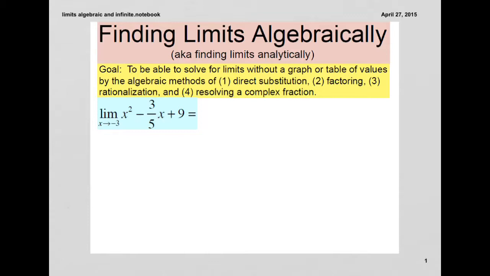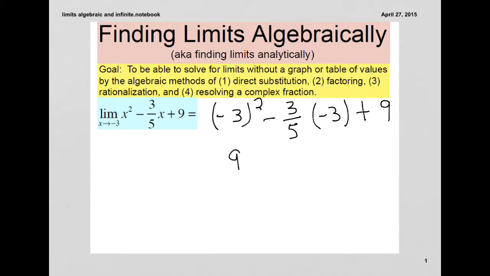We're just going to plug in x and see if that will work. Because it's approaching -3, we put -3 in for x, so that's x squared minus 3/5 times -3 plus 9. -3 squared is 9. -3/5 times -3 is positive 9/5. And plus 9.